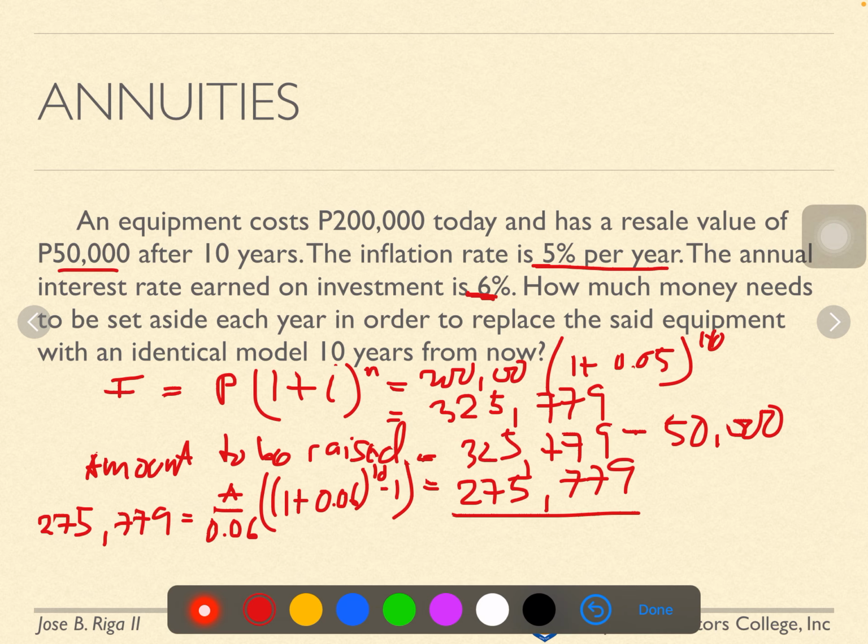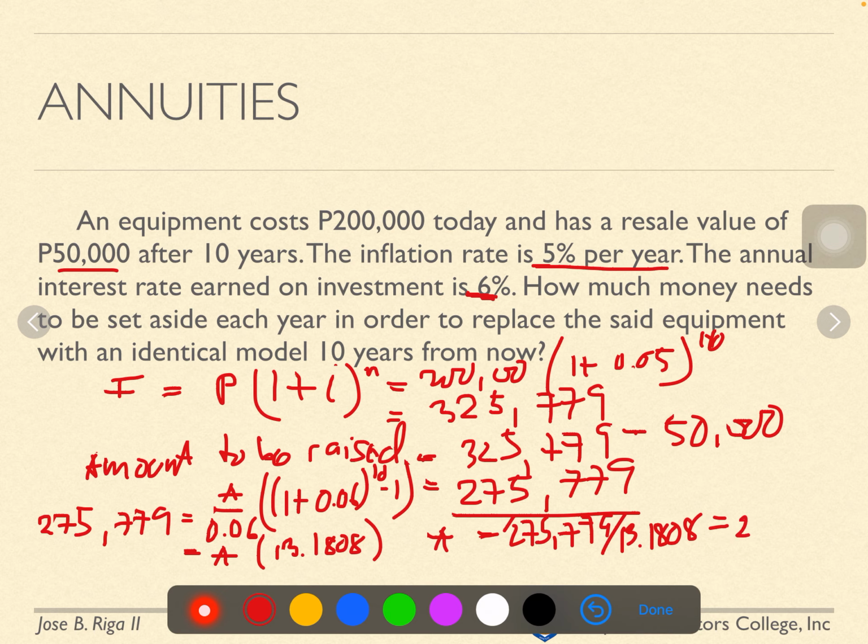So we will have an annuity: 275,779 equals A times 13.1808. So A is equal to 275,779 over 13.1808, which is 20,923.